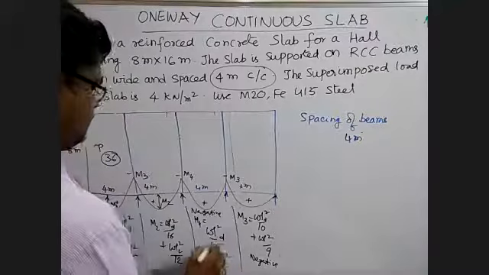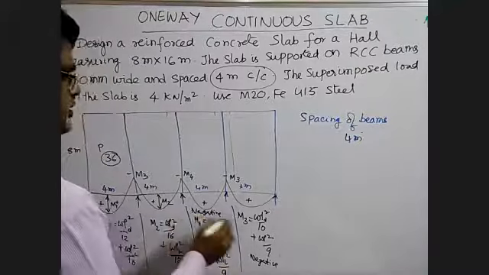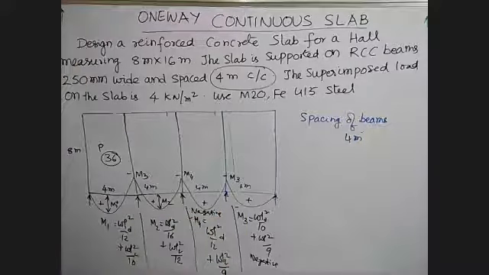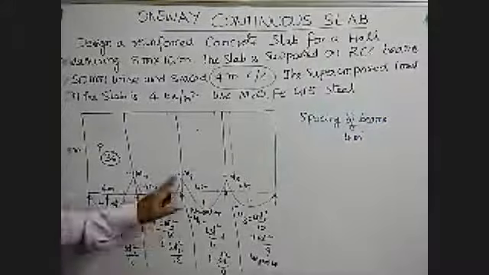M1 and M2 are positive, and M3 and M4 are negative bending moments. So if you understand this, in your code book, page number 36, the bending moment formulas are there. These two are the positive bending moments, these two are the negative bending moments.